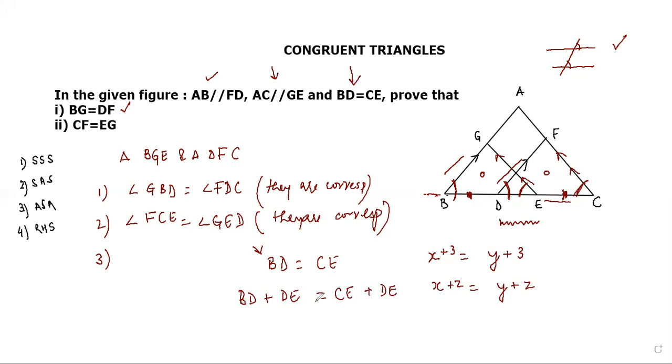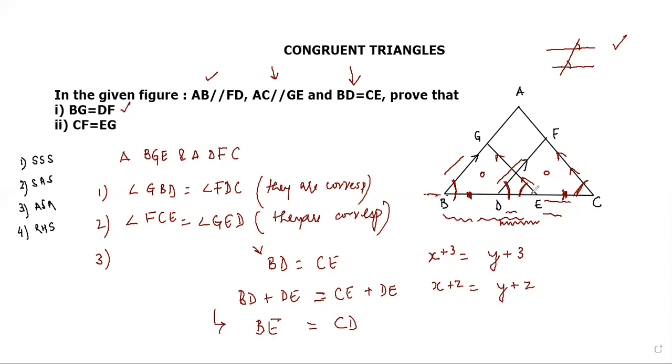So my equation remains as it is. They will still be same. It doesn't change. But now BD plus DE, this entire thing becomes BE. And on the right hand side, CE plus DE, this becomes CD.